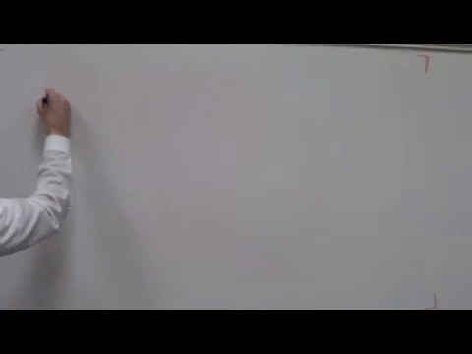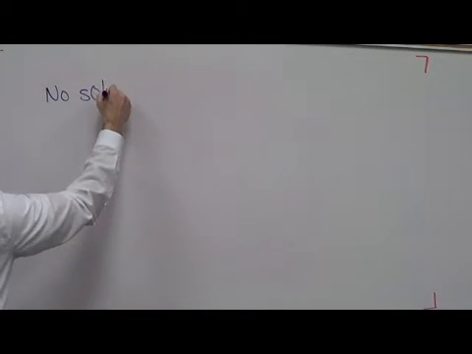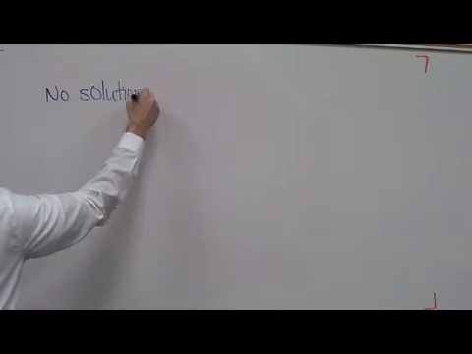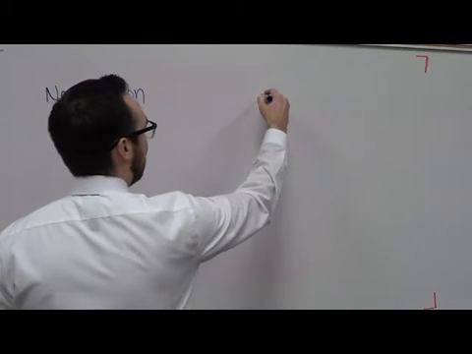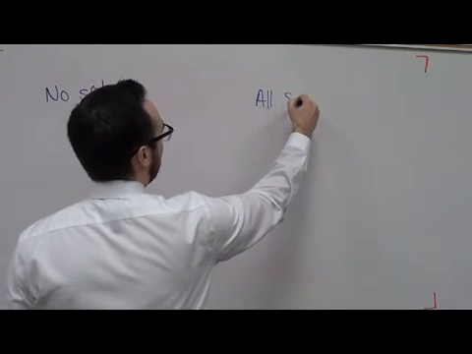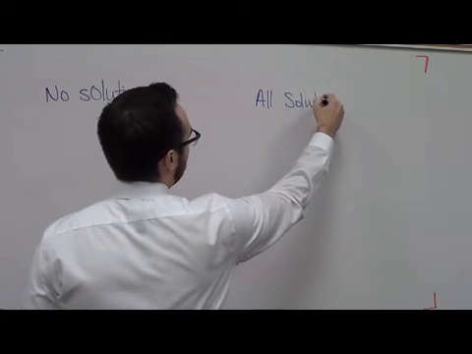Sometimes we're going to have an answer that is not true or that's always true. So sometimes we're going to have no solution, and sometimes we're going to have all solutions.